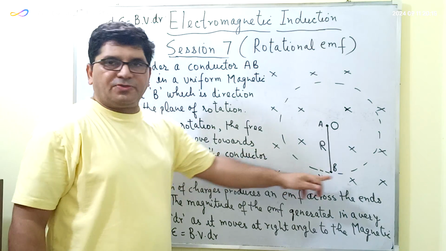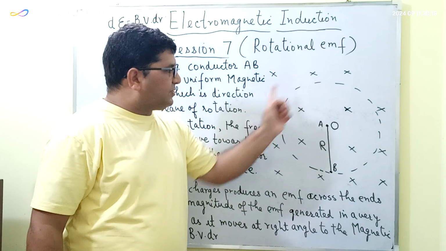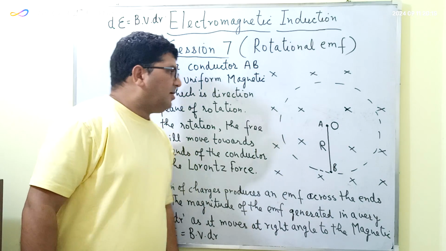It is the velocity of this conductor which is moving in a vertical plane.